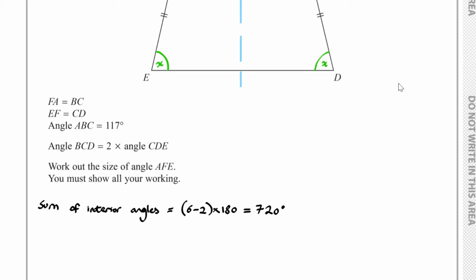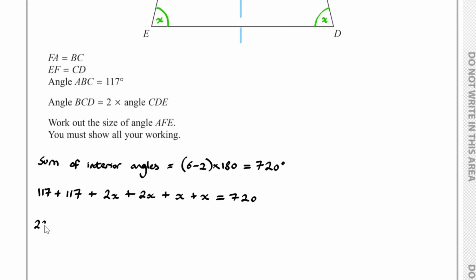So all the angles add up to 720 degrees. In other words, we have 117 plus another 117 plus 2x plus 2x plus x plus x. All this is equal to 720 degrees.